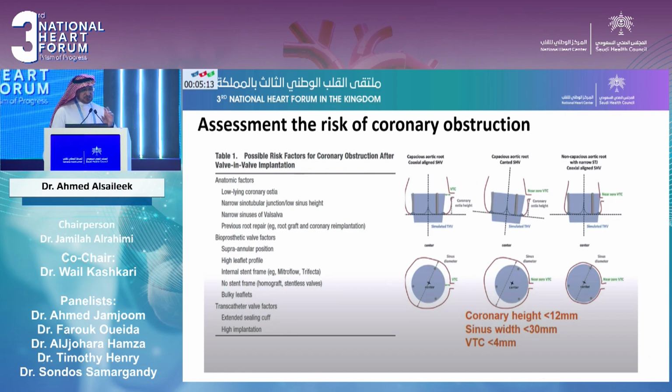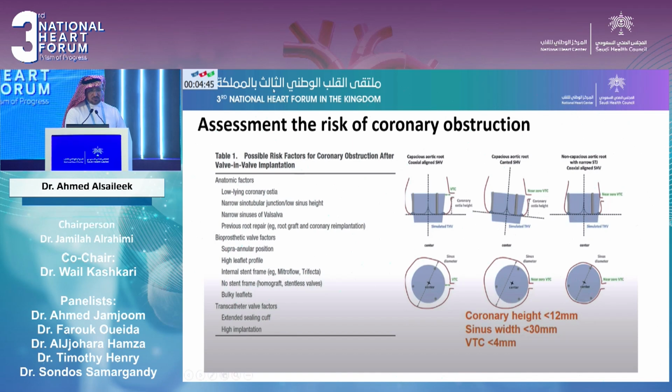The best situation is where the coronary ostia are relatively very high, higher than the valve, and the sinuses are wide. The more the sinuses are small, or the ostia are below the struts or the leaflets of the valve, the greater the risk of occlusion.